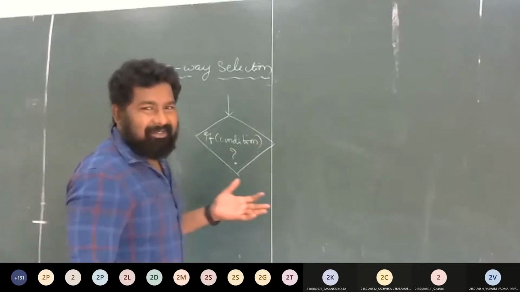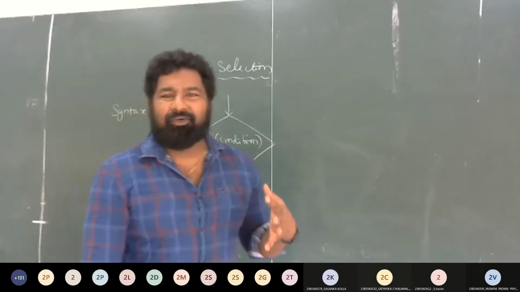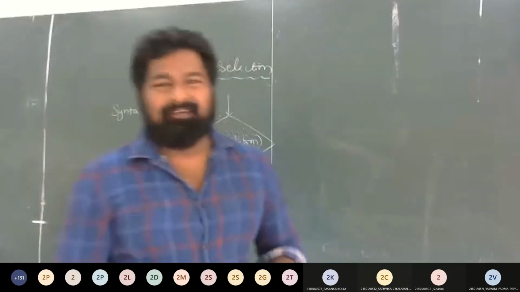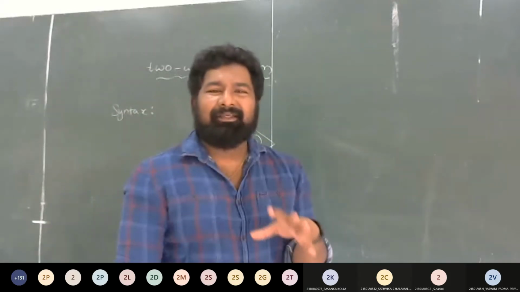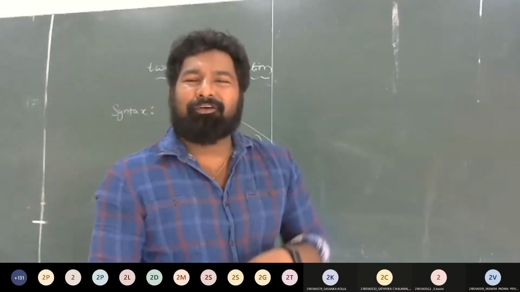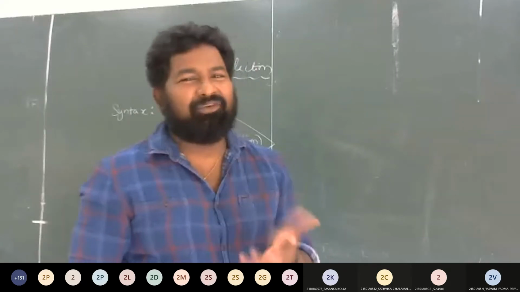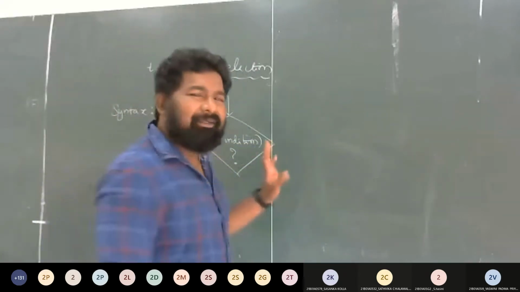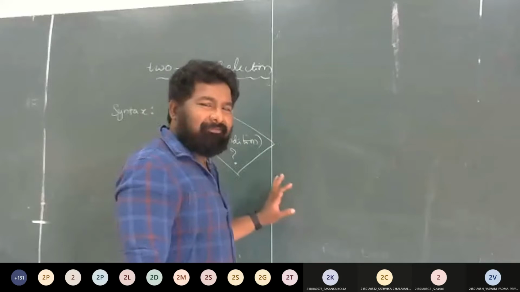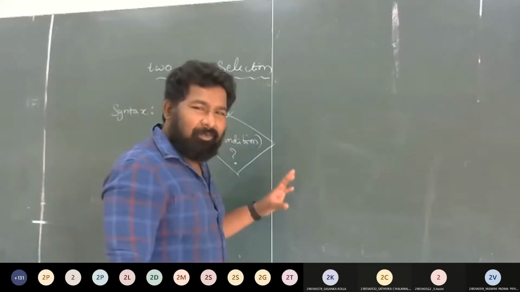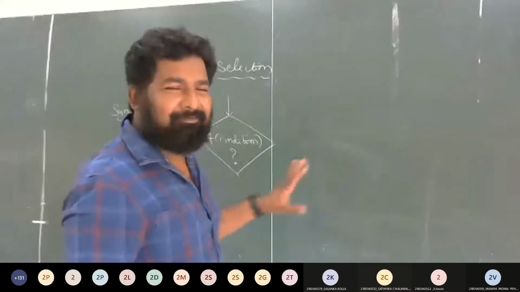So yesterday we drew the flow chart for the simple if, which has got only true: you need to execute that block of statements only on true, there won't be any false. Okay, but in today's class we are drawing the flow chart for this two way selection, where this will have a true as well as a false.